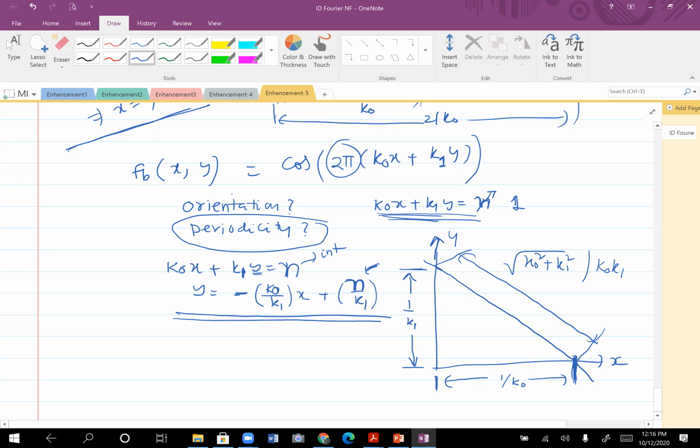Now if you find out this distance, which let's call L, that would tell us with what value it is periodic. And if you find out this theta, that will tell you in which orientation it is periodic. Aren't they enough to figure out theta and L? Given this, won't you be able to find it out?